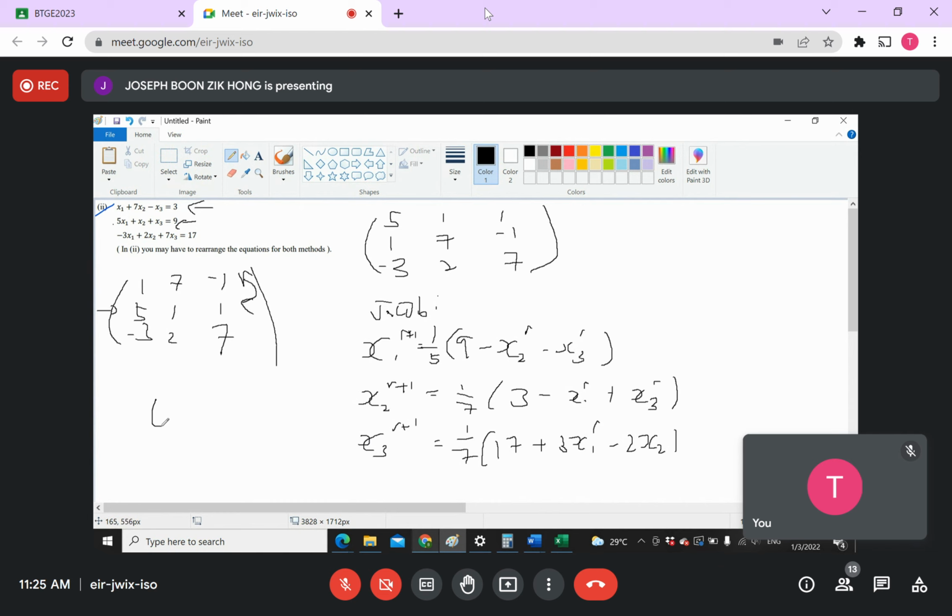As long as your change is less than 0.01, then you may stop.